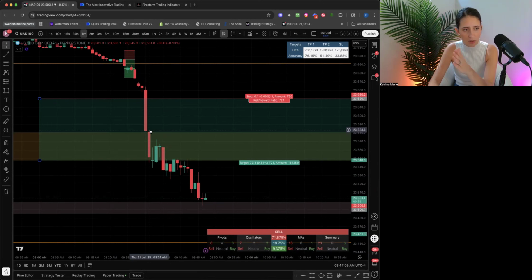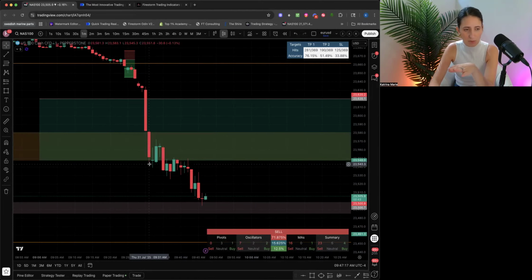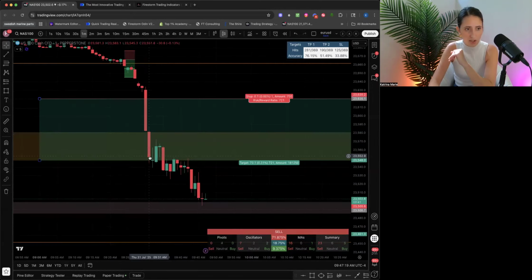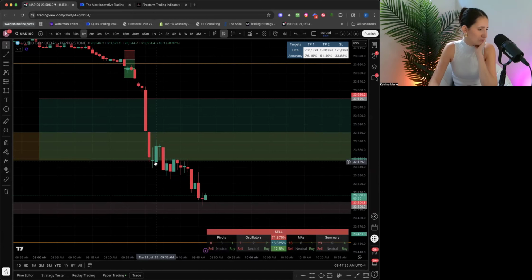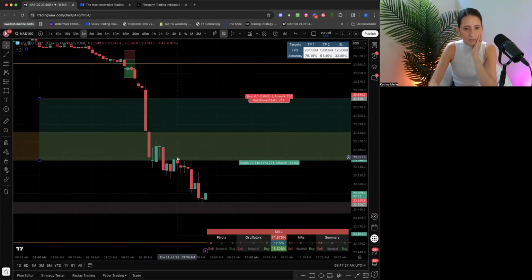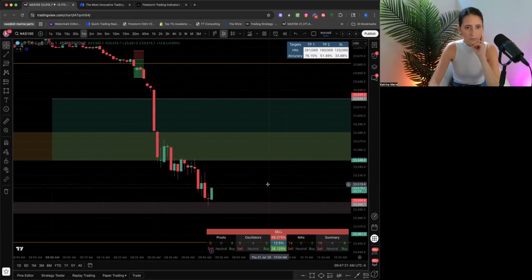I saw the little wick on the other side, but we were still continuing with such momentum that I got in here. It pulled back a little bit and then continued back down again. And then I got out. I don't try and catch the whole move. So hopefully that helps.